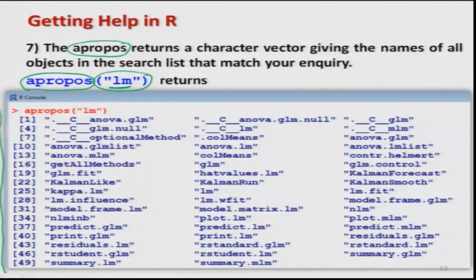So, you can see here that I was trying to find the two letters LM, and you can see here LM is here, right. There are so many functions in which the two letters LM are common. So, now from here you can choose which function you want to know, right. Okay.